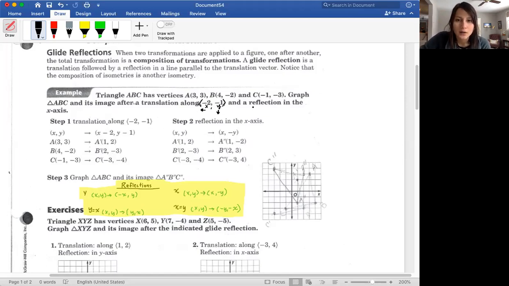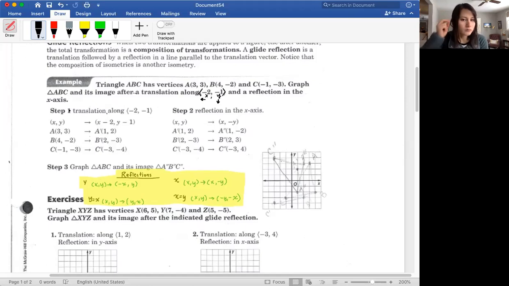Then it says a reflection in the x-axis. We took some notes over reflections, which should be in your notebook, and I highlighted that right here.